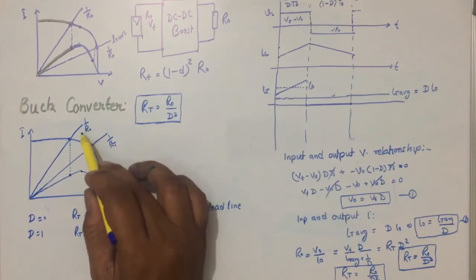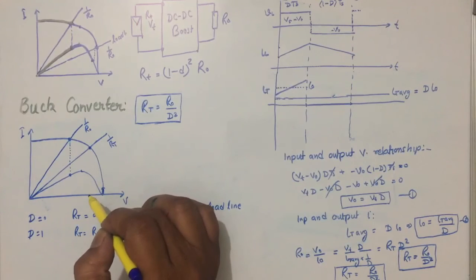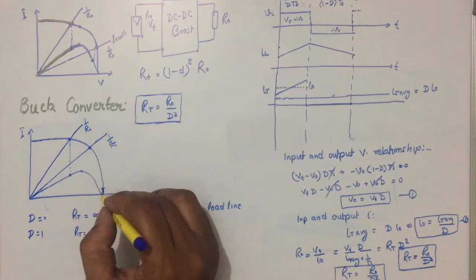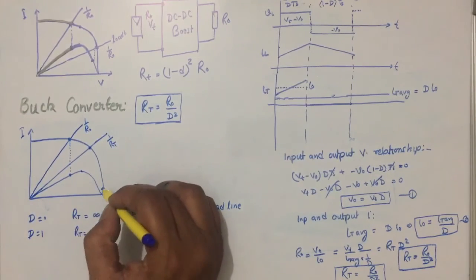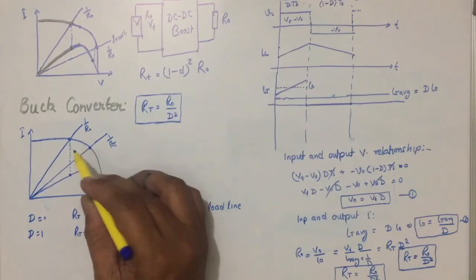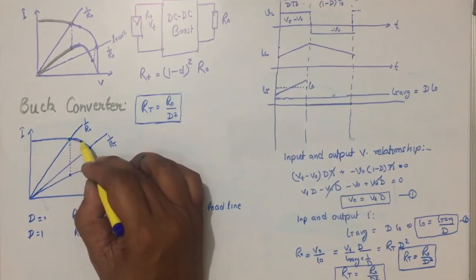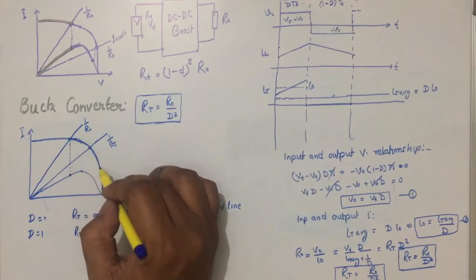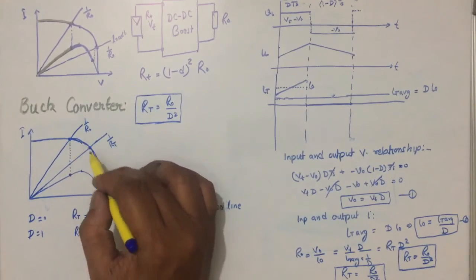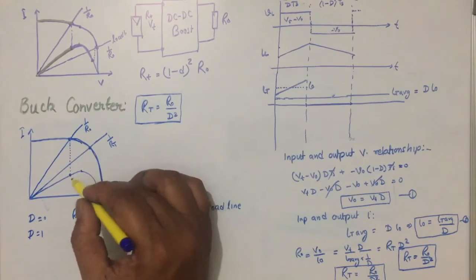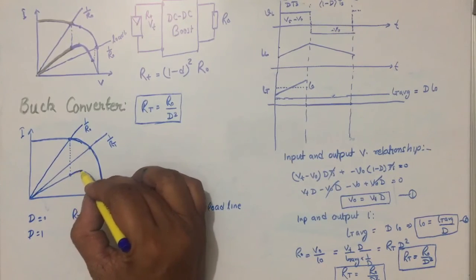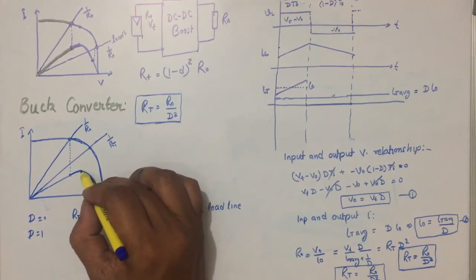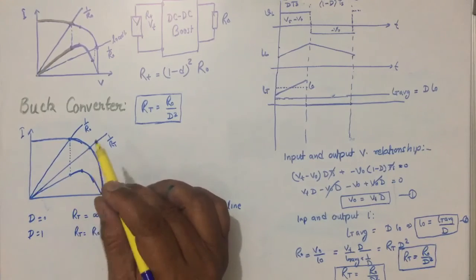This R naught load is connected, because between 0 to 1 only this region can be achieved. So this is the only region at which the operation is possible, and correspondingly the power can be controlled and can come up to maximum.